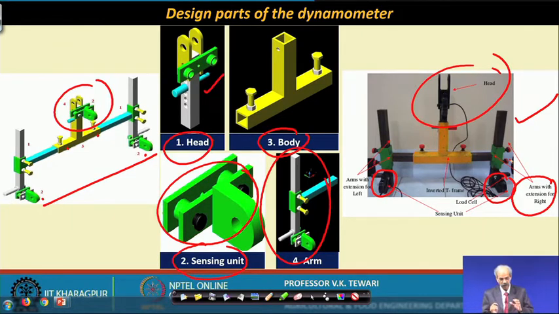So, we were talking of the details of the distances of this when it is connected to the 3-point linkage, and what are the values which need to be maintained with respect to the different categories of the 3-point linkages for different sizes of tractors. So, the design of parts of the dynamometer are given like this.